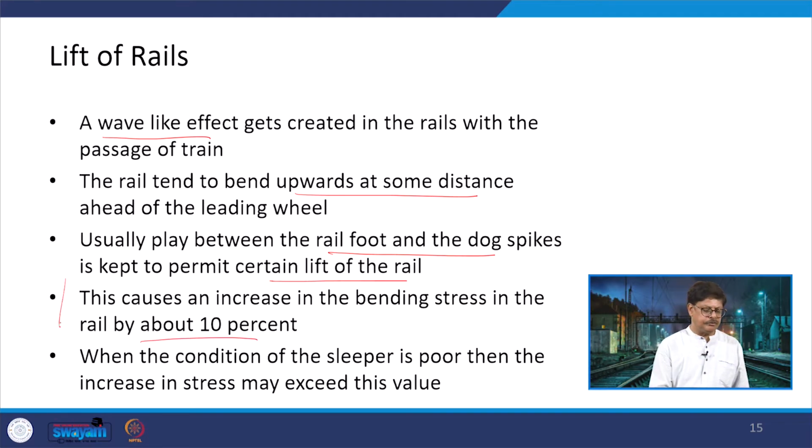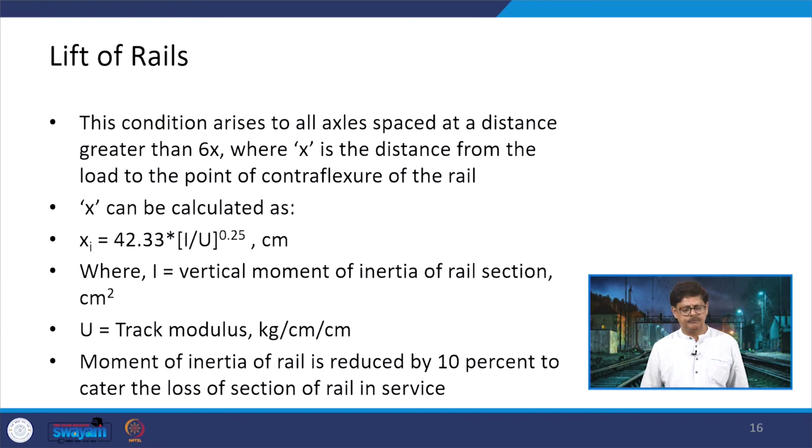So, this lift of the rail is going to be considered, and wherever that effect will be there with respect to the value of x which we have calculated as the point of contraflexure, a 10% increase is going to be made in the values. Now, when the condition of the sleeper is poor, then the increase in the stress may exceed this value, but for that, experimental work needs to be done.